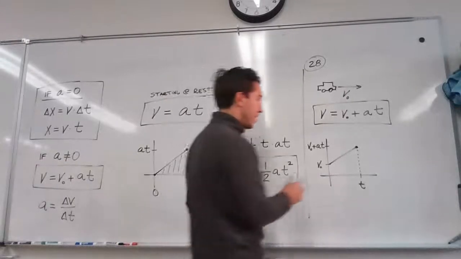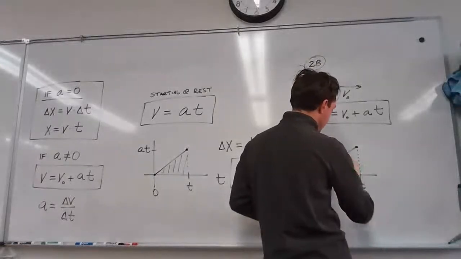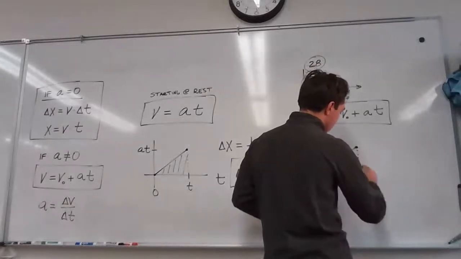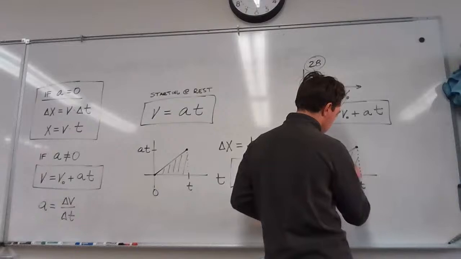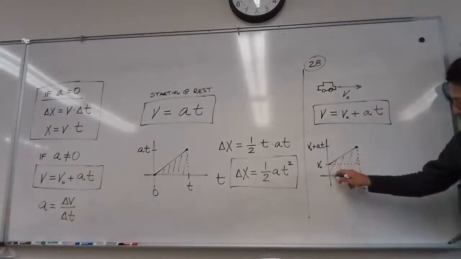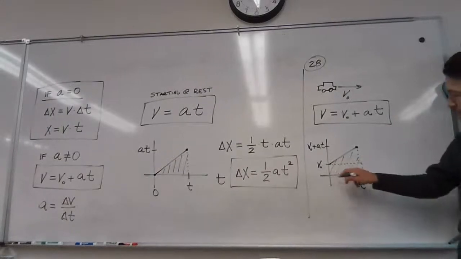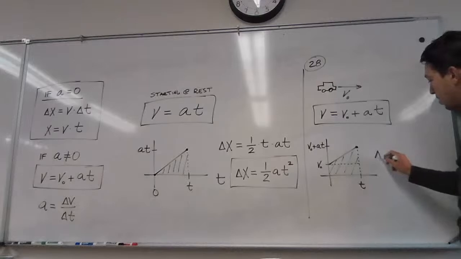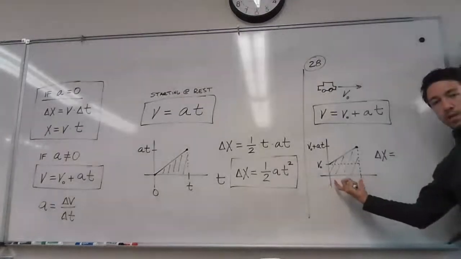Okay, so let's find the area. Look at that little block down there. How wide is it? How tall is it? Its width is t.